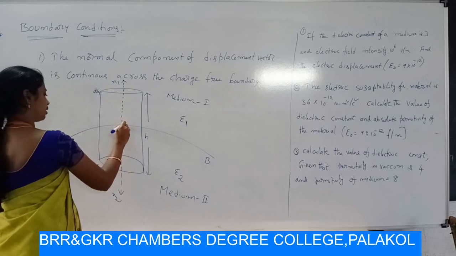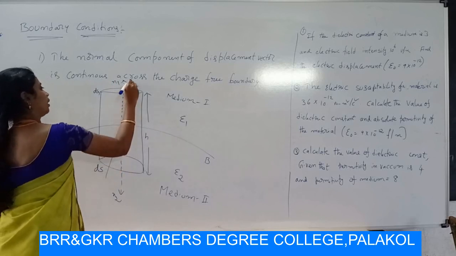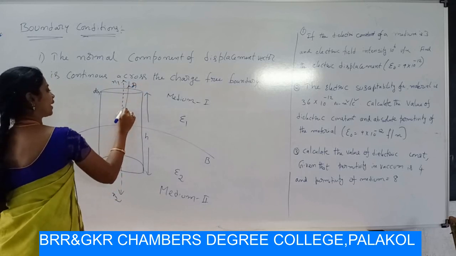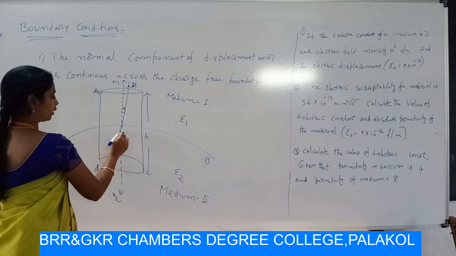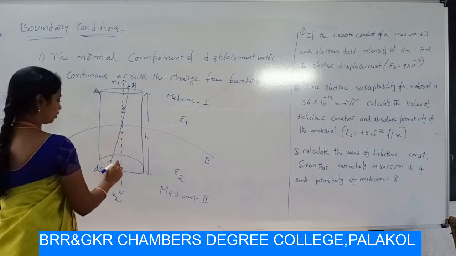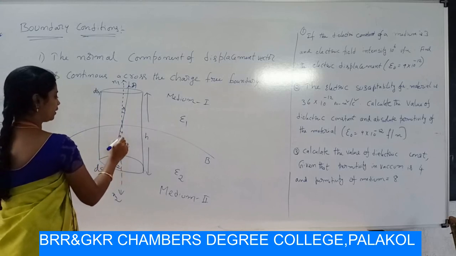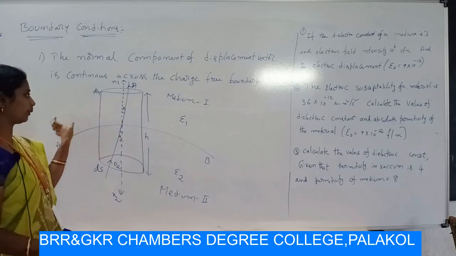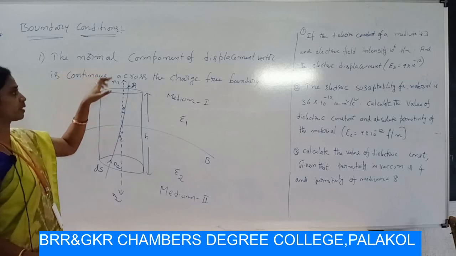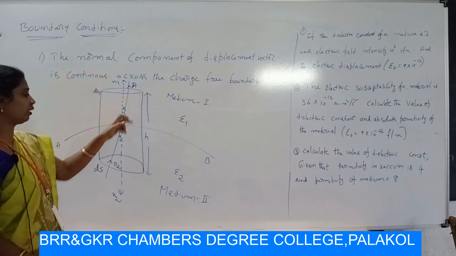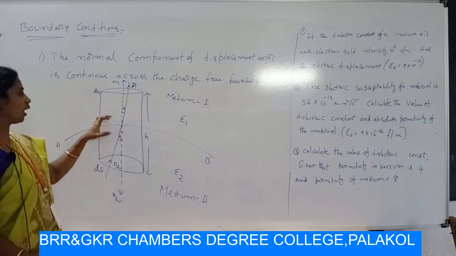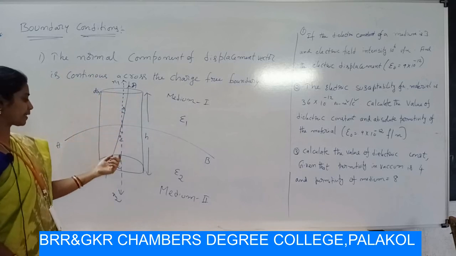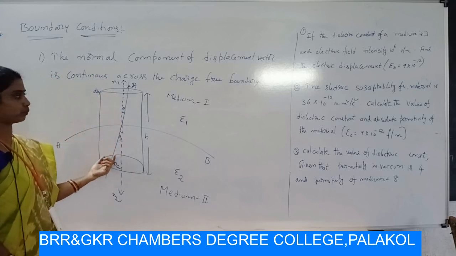Here the displacement vectors are D1 for the first medium, which makes an angle theta 1 with the normal, and D2 for the second medium, which makes an angle theta 2 with the normal.